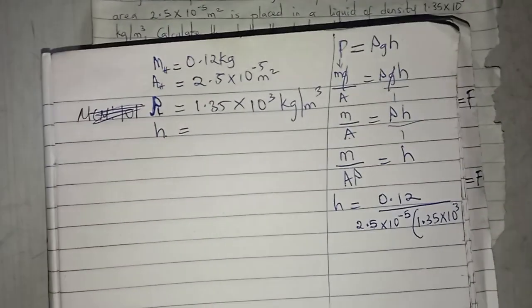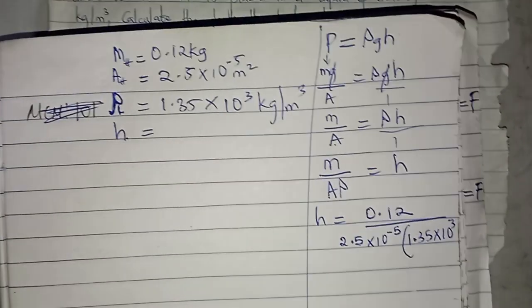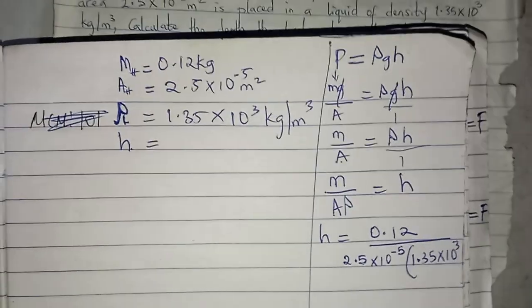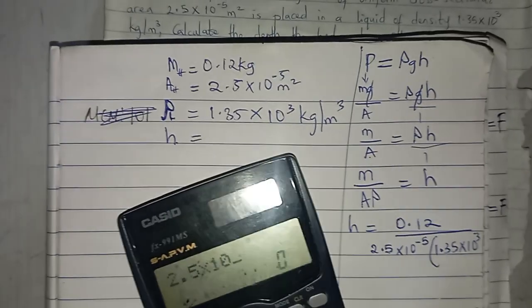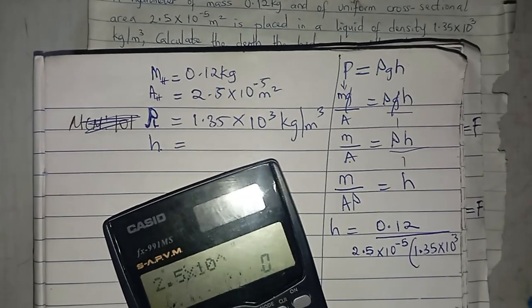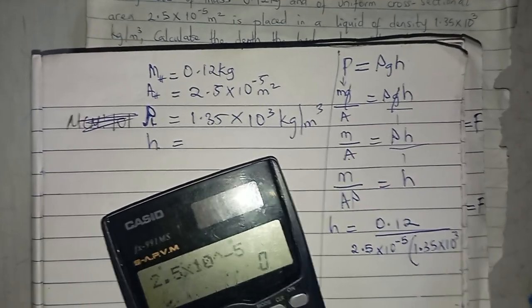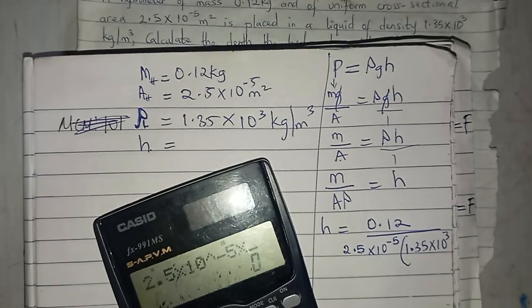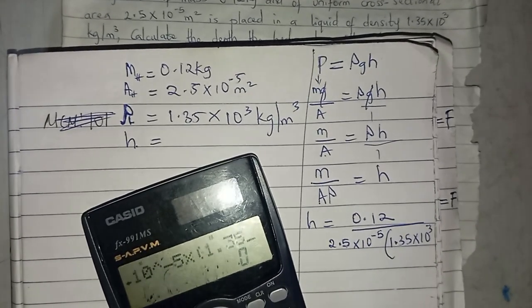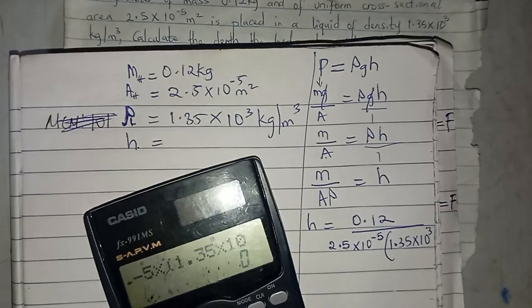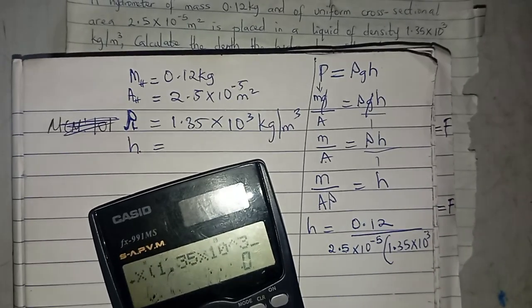So let's do this. First of all, multiply the denominator. So I do 2.5 times 10 raised to power minus 5 times 1.35 times 10 raised to power 3.